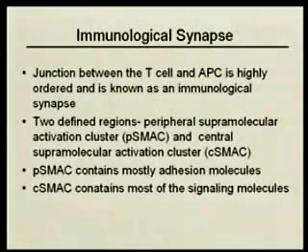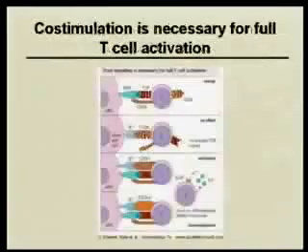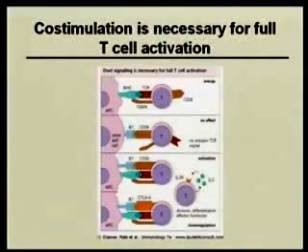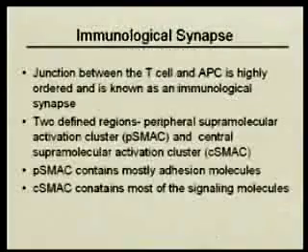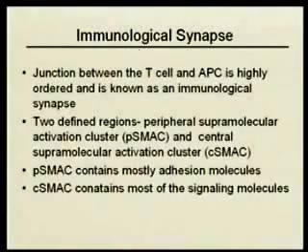So shown here, you see on this cartoon that you have this interaction between the APC and the T cell. And it turns out in recent times they've shown that the junction between the T cell and the APC is actually a highly ordered complex. And they term this an immunological synapse.